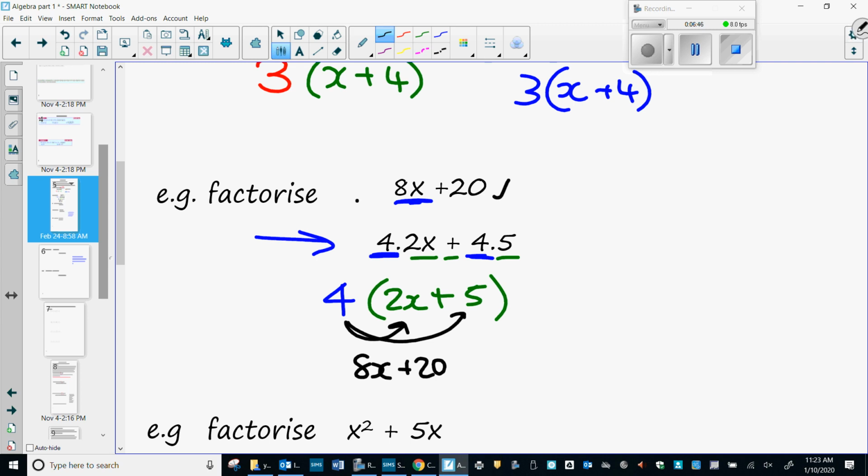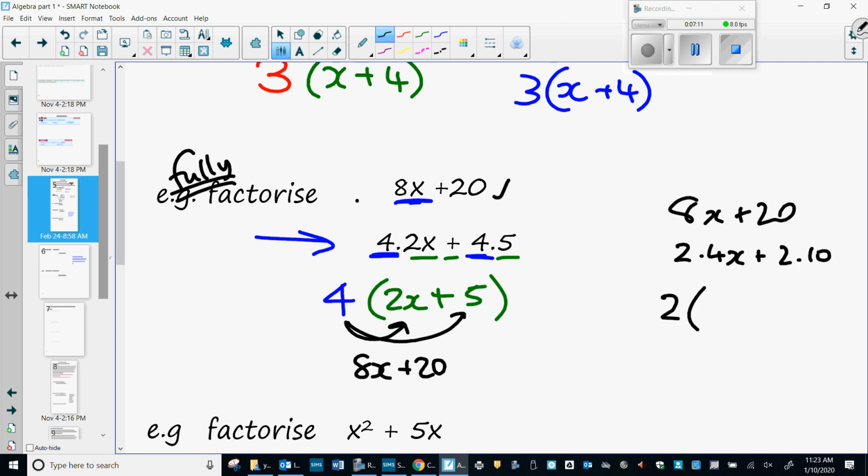Now, the issue when you're doing this is that often the question will say fully factorize. Okay? Because what I could have done is said, well look, I can see I've got 8x and I've got 20, and I know that 2 goes into both of those. So I could say this is 2 lots of 4x and 2 lots of 10.